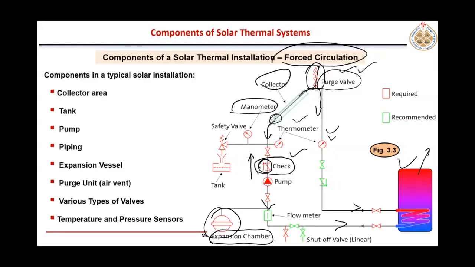Overheating means the fluid starts to expand, so we should give some extra space for this fluid to expand in that particular case, when there is no hot water taken out. So the fluid which is present in this loop starts to overheat, and when it does, it tries to expand. We should give this extra space for expansion. That's why these expansion chambers are also installed.